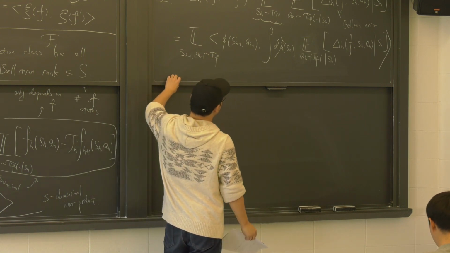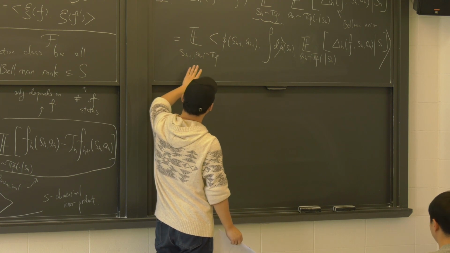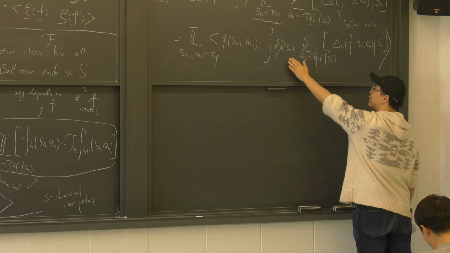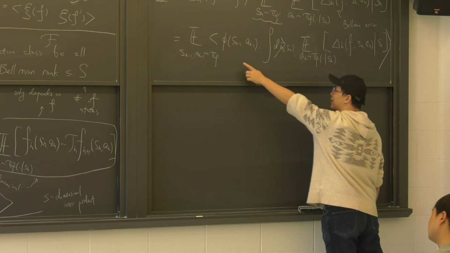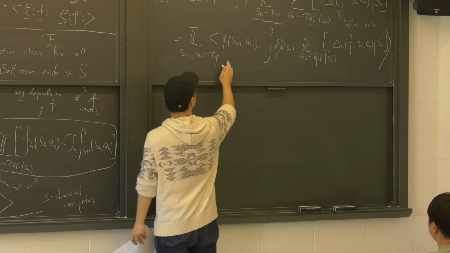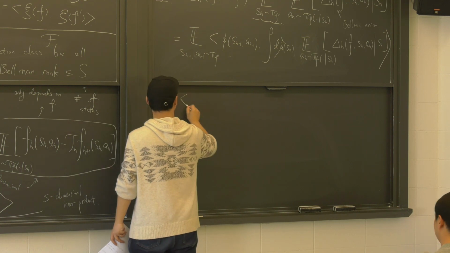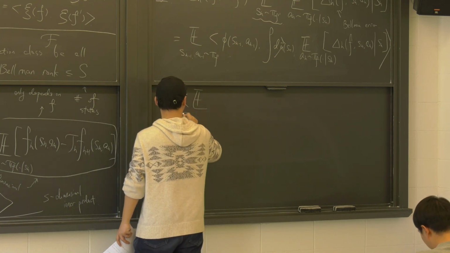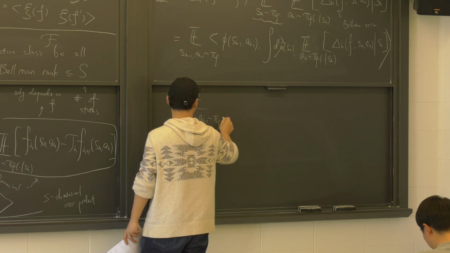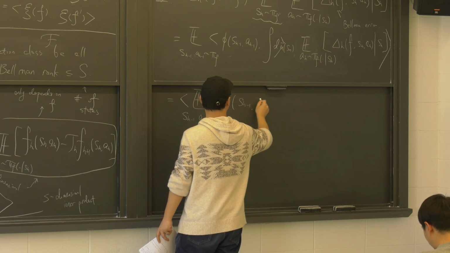The important thing here is that this expectation is only over sh minus 1, ah minus 1. But the right expression depends only on sh and is independent of sh minus 1 and ah minus 1. So we can move this expectation inside to operate only on the left term. This is equal to the expectation of sh minus 1, ah minus 1 sampled from pi f prime of phi sh minus 1, ah minus 1.